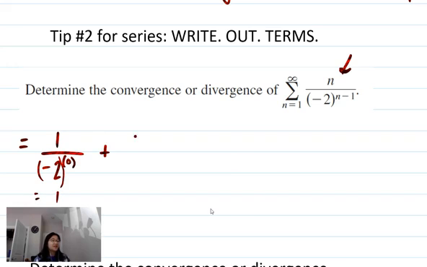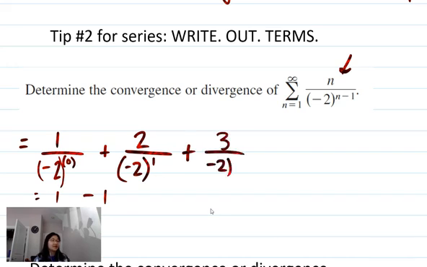Plus 2 over negative 2 to the 1, which is negative 1. Plus 3 over negative 2 to the 3 minus 1 is 2, so that's plus 3 over 4.